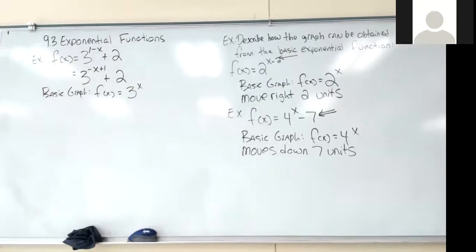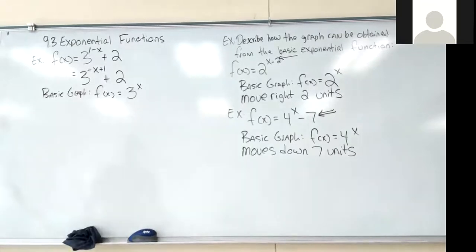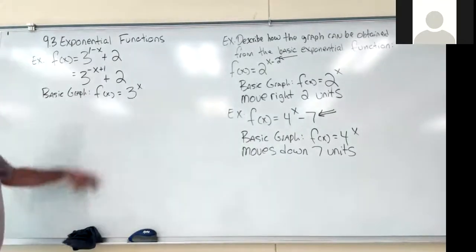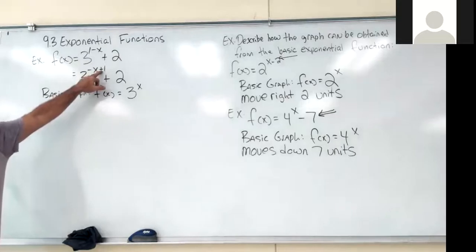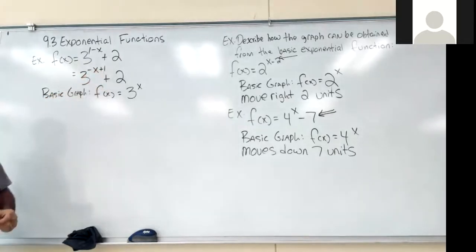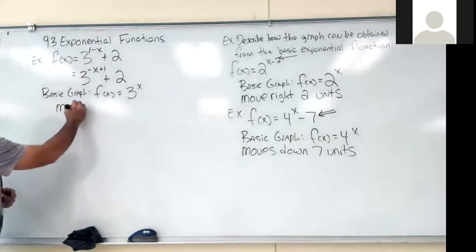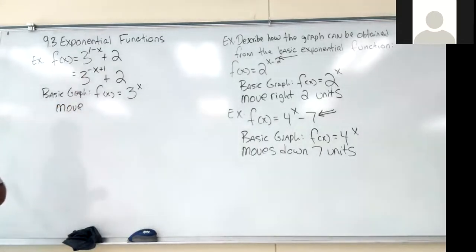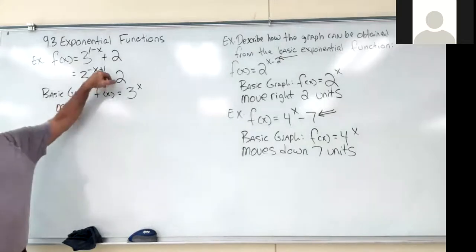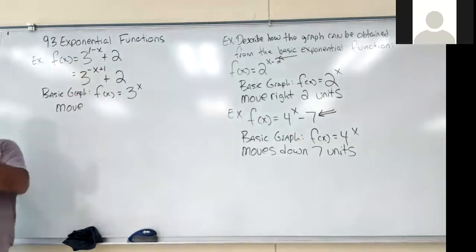They go right in order. So, plus 1, what's that plus 1 doing to me? It is moving me left. Remember, opposite sign on these ones. So move left 1 unit.